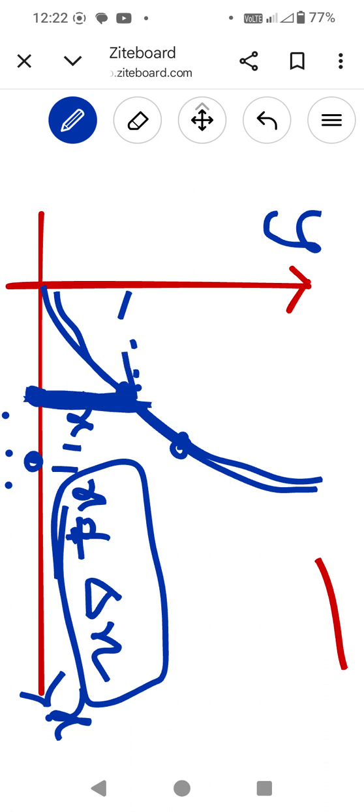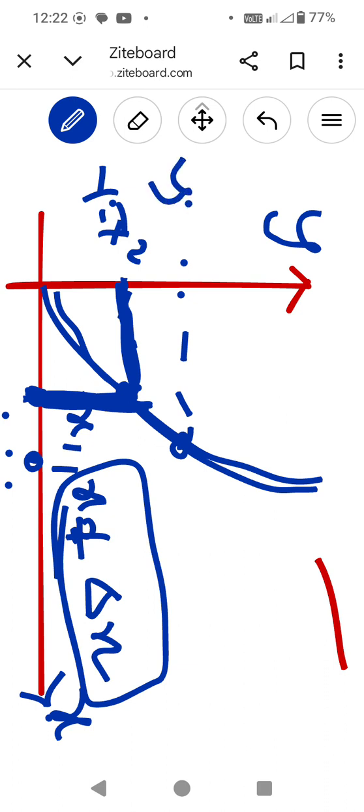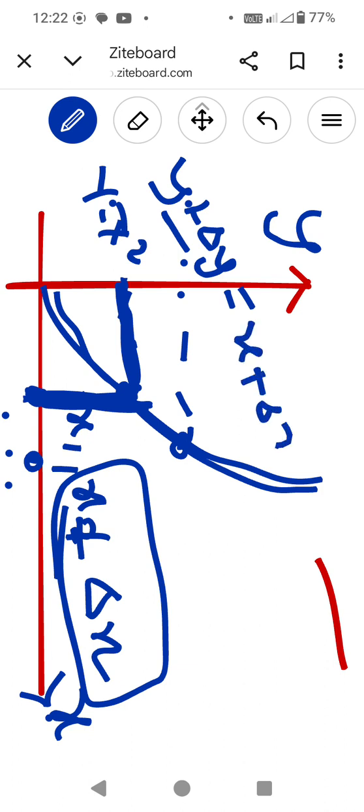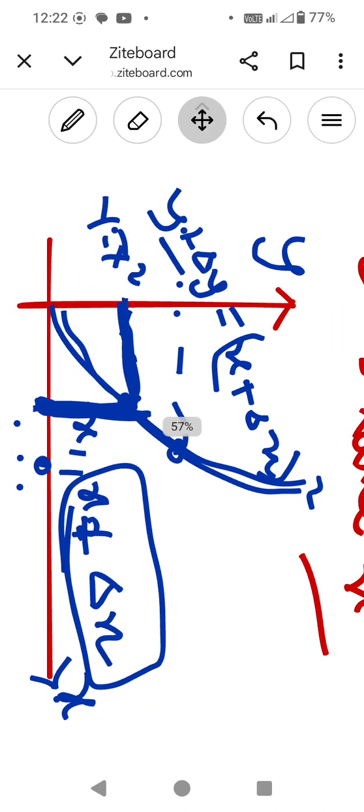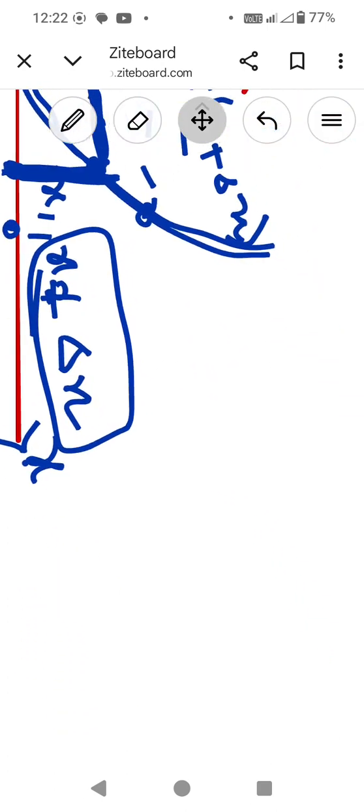For this function, what is y? Y is a function of x square here. So y plus del y is x plus del x whole square. Now just determine the slope with the limit that del x is tending to 0.